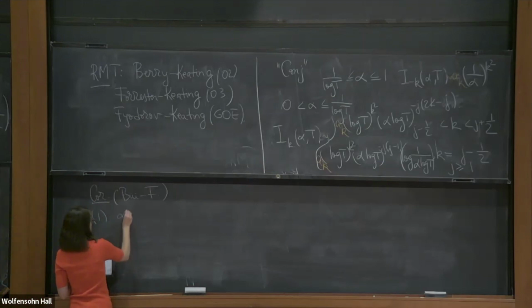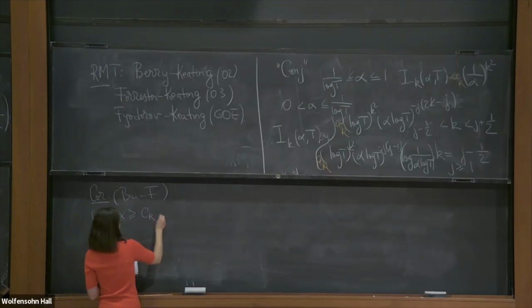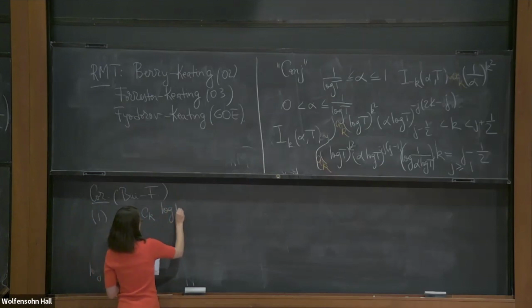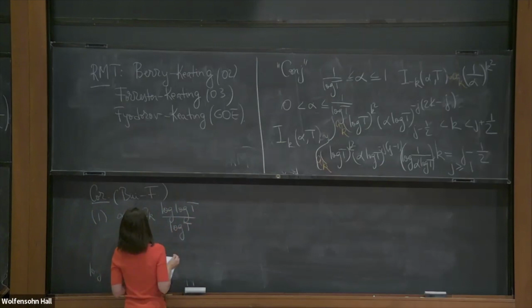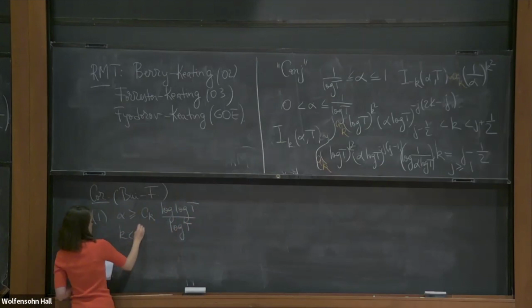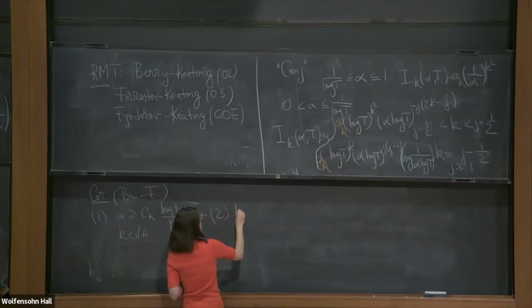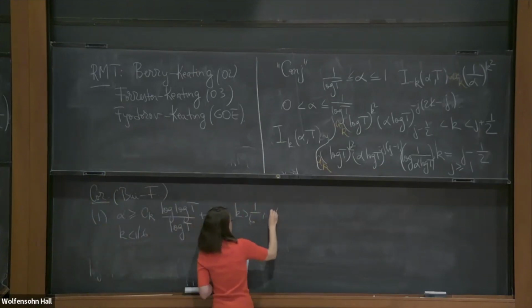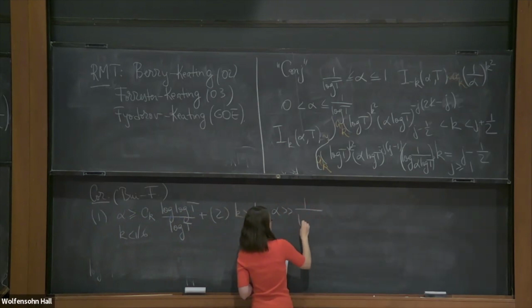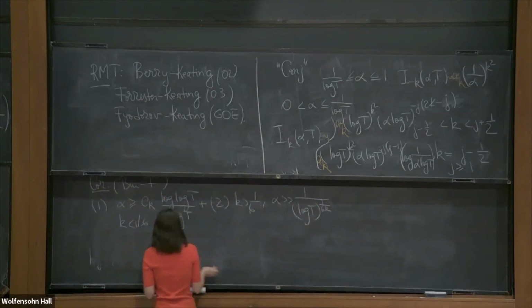You need alpha to be bigger than some explicit constant c_k times log log t over log t. So here k is less than 1 over 6. And in this second case, when k is bigger than 1 over 6 and alpha is bigger than 1 over log t to the 1 over 6k, then we actually get asymptotic formulas.